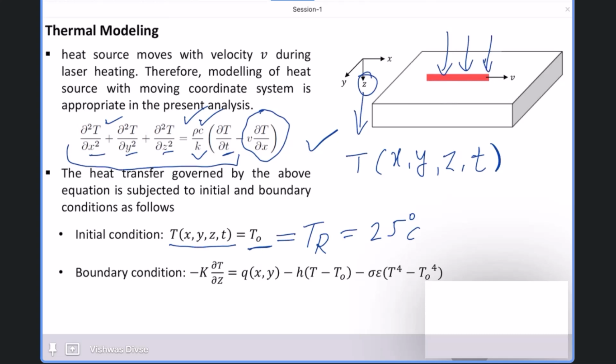So our Fourier law says Q is minus K dT by dz, in this context your heat is going to transfer in Z direction as your heat flux is going to apply from the top side, so along the Z direction. So this is the one condition, but at the same time, your convection and radiation will also be active. So minus K dT by dz, this term.